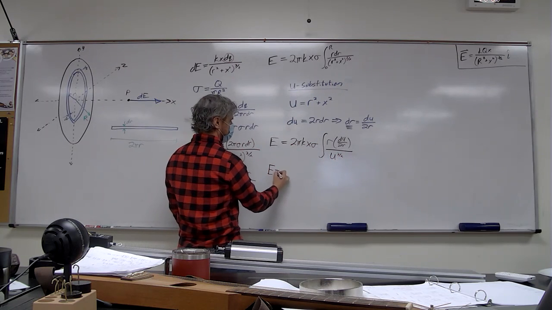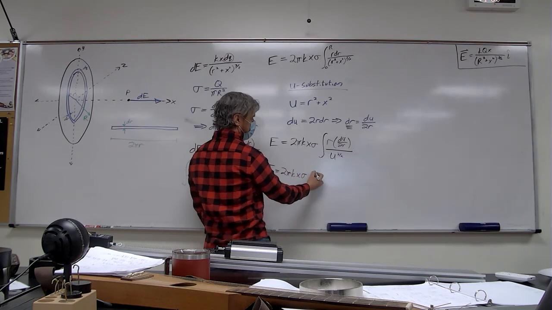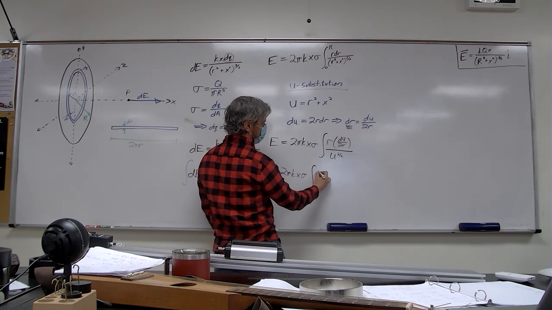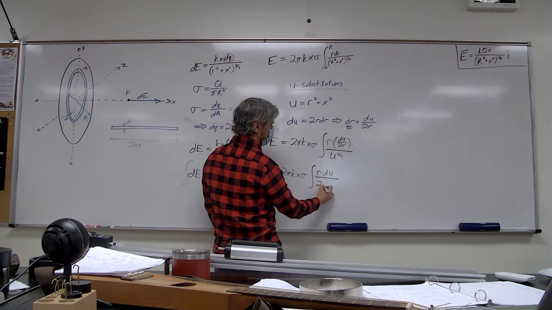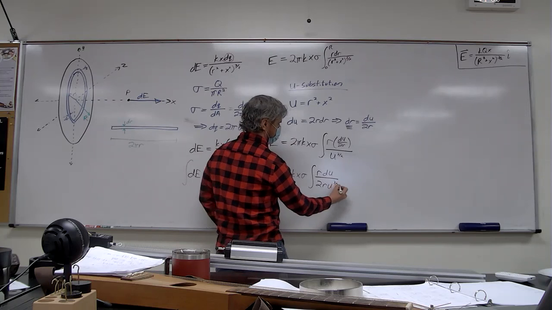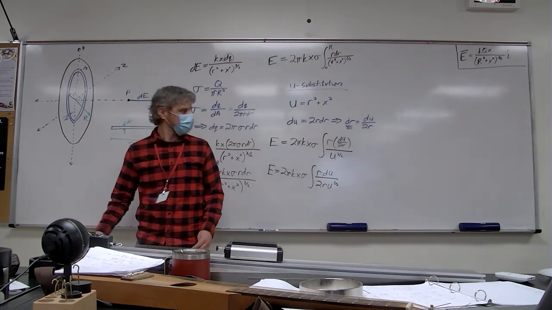So the electric field is then going to be 2 pi k x sigma times the integral of r du over 2r u to the 3 halves. And then the r's cancel.